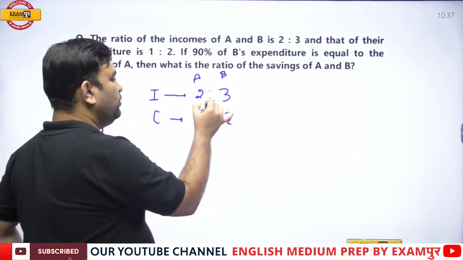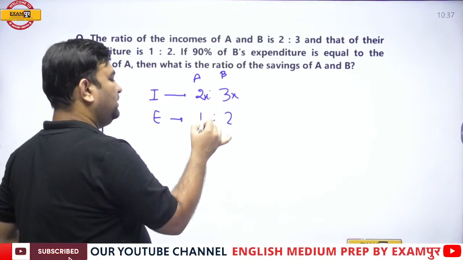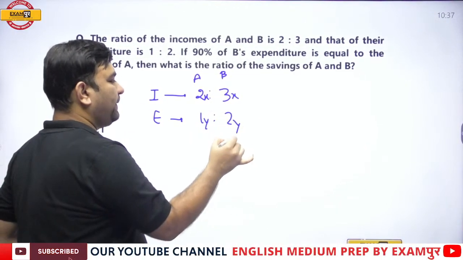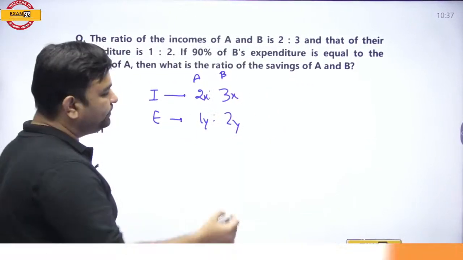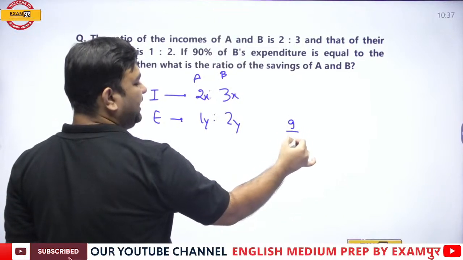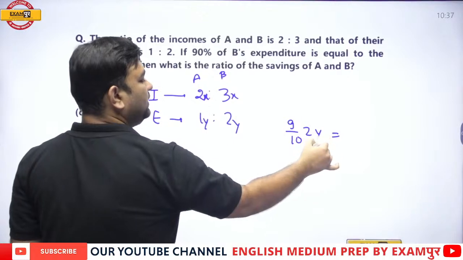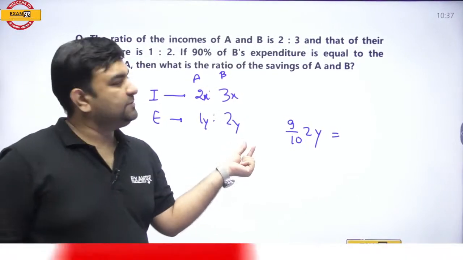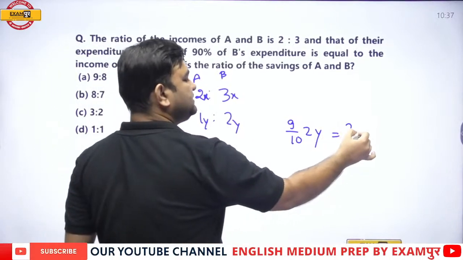Let's suppose this is 2x, this is 3x, this is 1y, and this is 2y. So 90% is 9/10 of 2y. 90% of expenditure of B is equal to income of A, 2x.